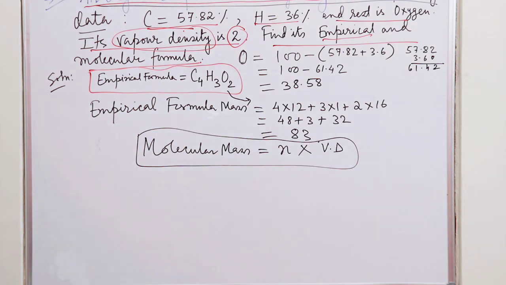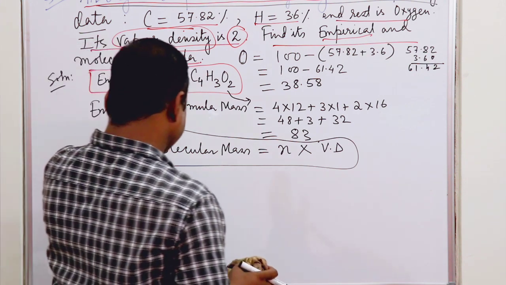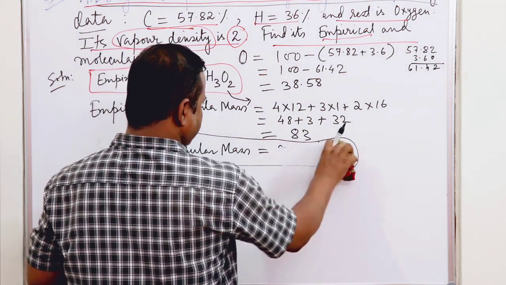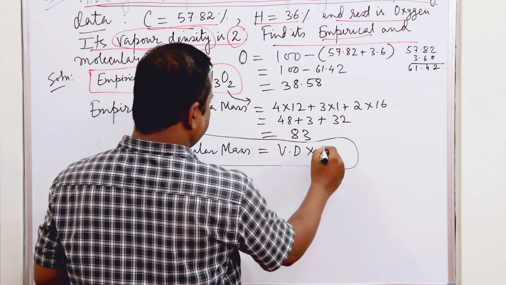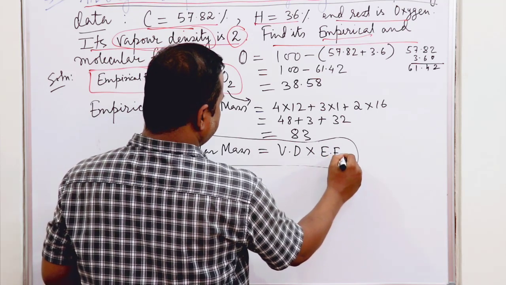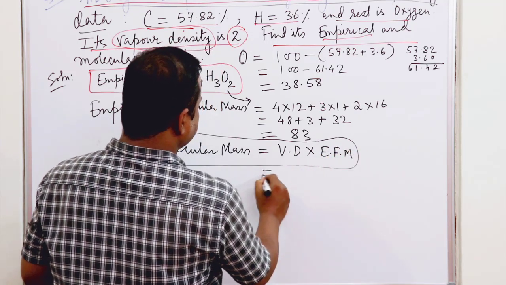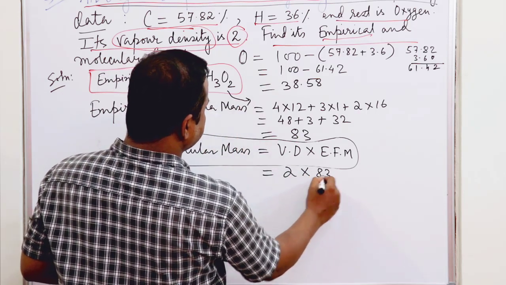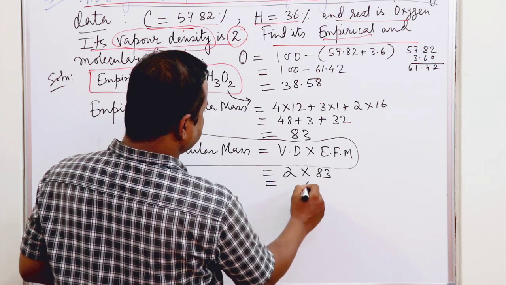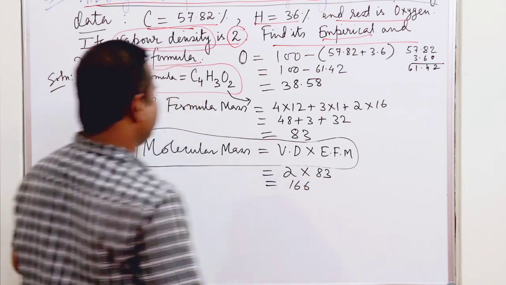So here the molecular mass is 2 into vapor density into the empirical formula mass. Vapor density is 2, so 2 into 83: 3 2s are 6, 8 2s are 16, so 166.